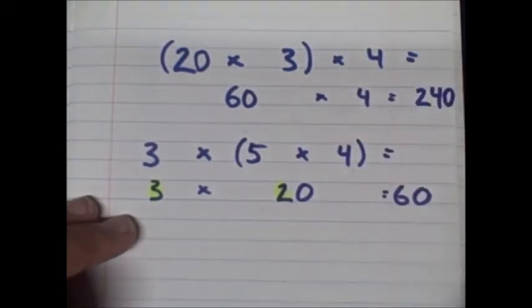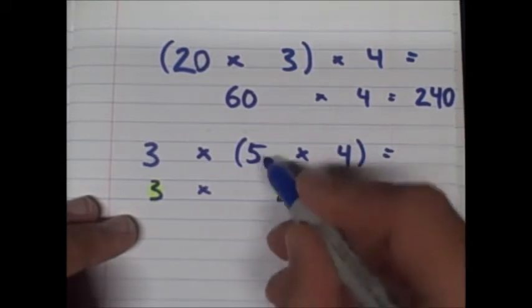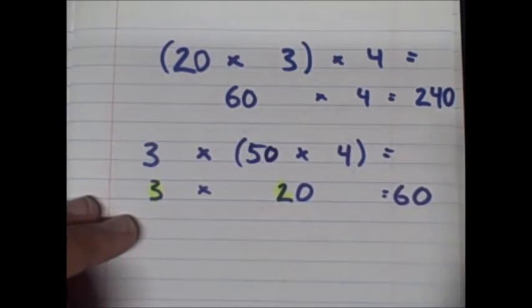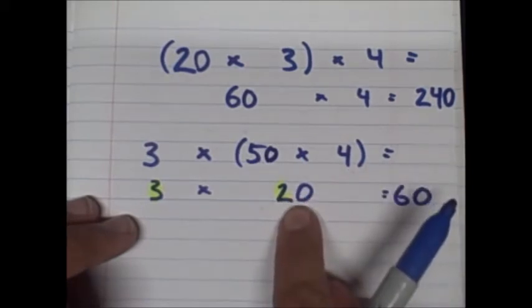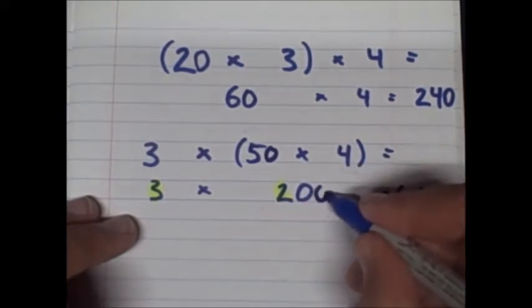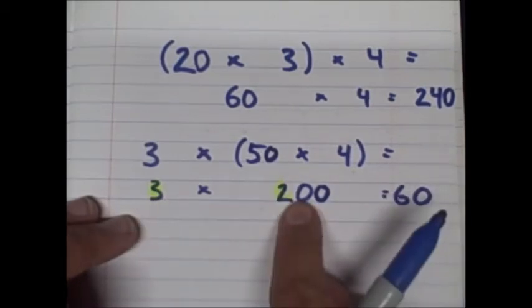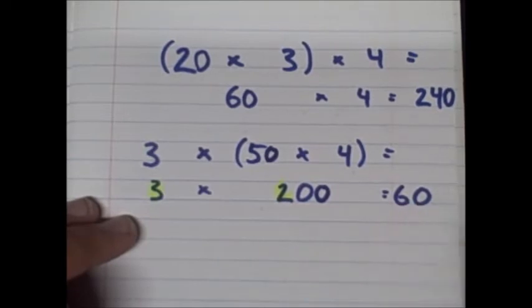Now if we went back in, we could start adding zeros. Let's suppose that we wanted this to be 50 times 4. Well, that would no longer be 20, but 200. And our answer, 3 times 200, can't be 60 anymore. Logically, it would be 600.